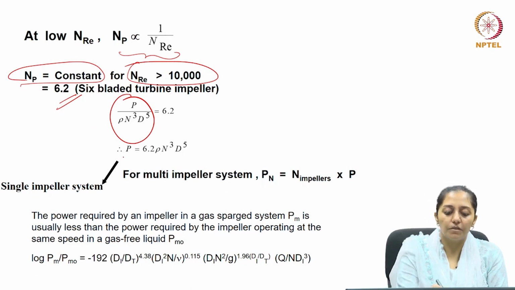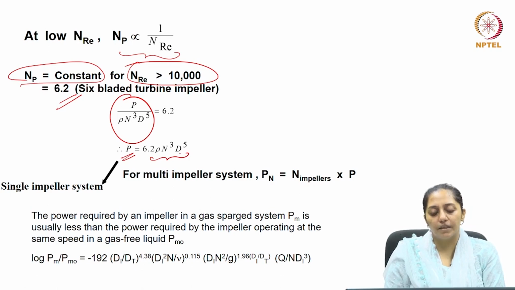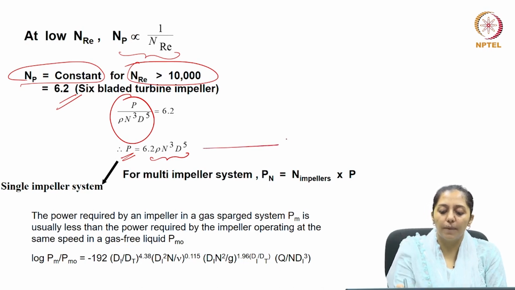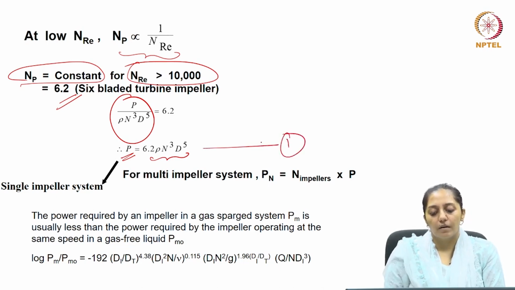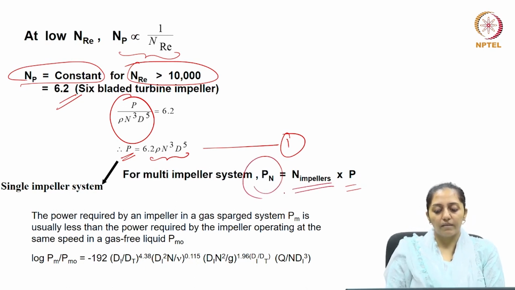Then the power consumed by the impeller at the given reactor operating parameters can be determined. This is for a single impeller. So, if there are more impellers, then this power consumed can be multiplied with the number of impellers to give the total power consumed by that system.